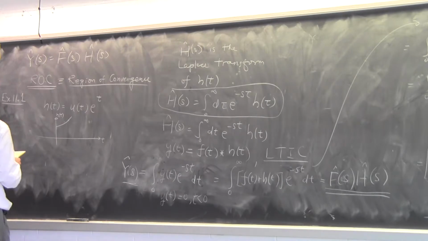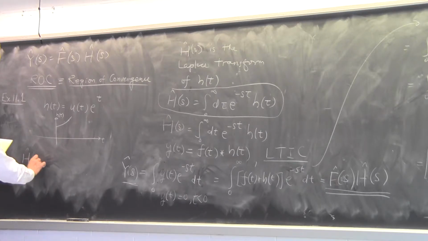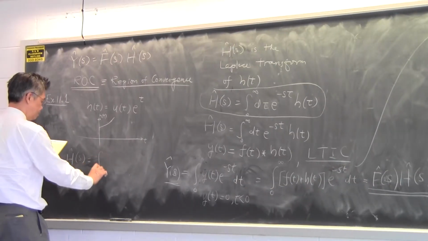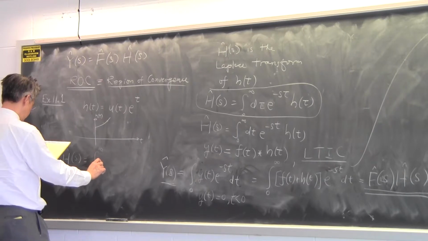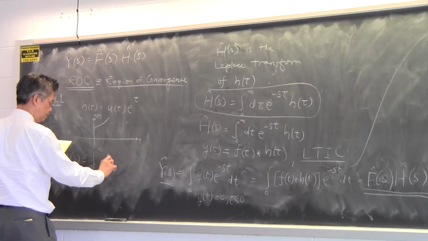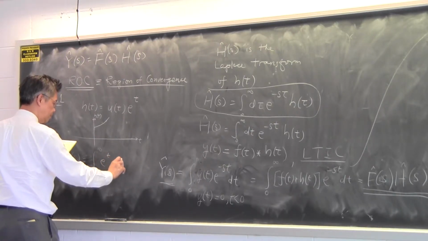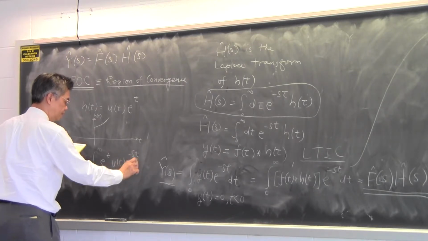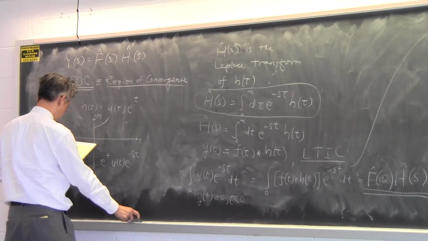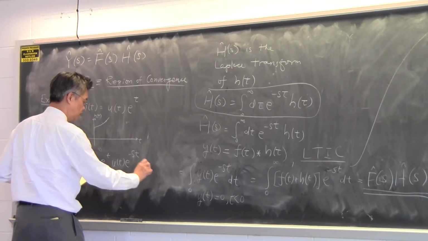So the Laplace transform, in this case, will be defined to be the integral from 0 to infinity of e to the t u of t e to the minus s t dt. Okay?